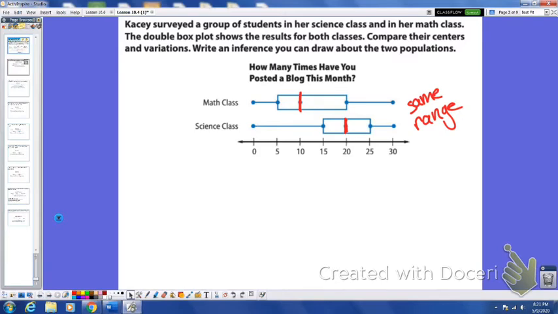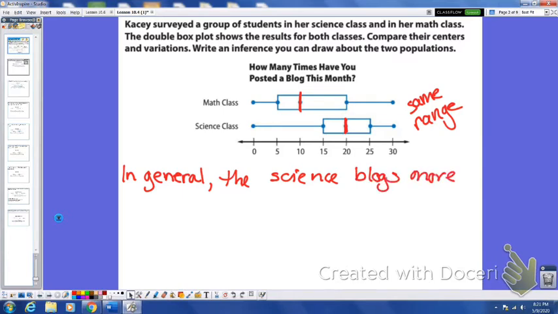So one inference we can make is that in general, the science class blogs more. And we know that because it has a higher median.